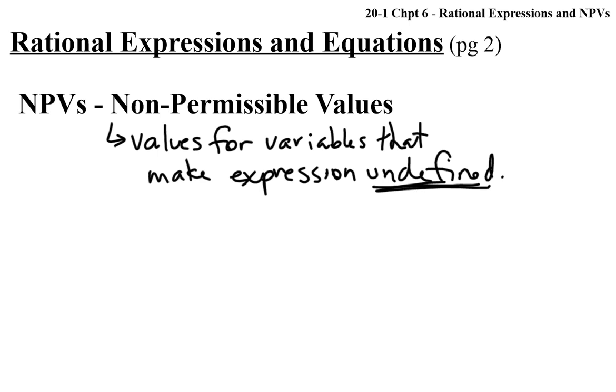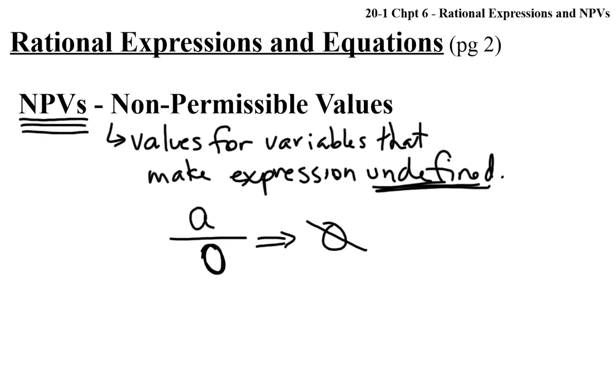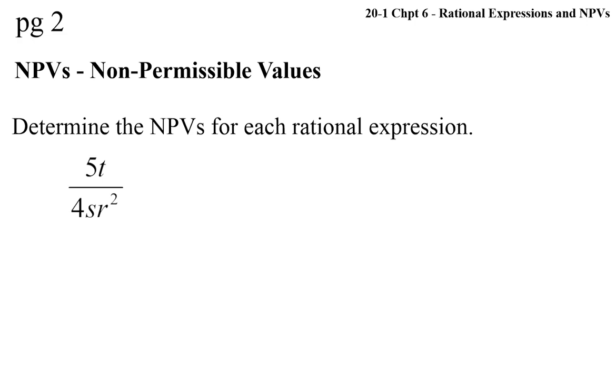So when will a fraction not exist? When we have a denominator of 0. Numerator can be anything, but a denominator of 0 just creates something that's undefined. And we always have to consider our NPVs in this unit because of that.